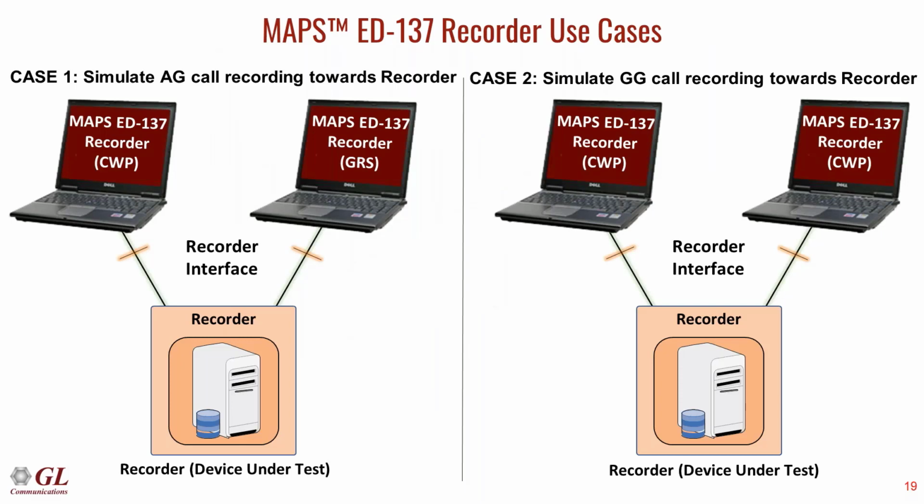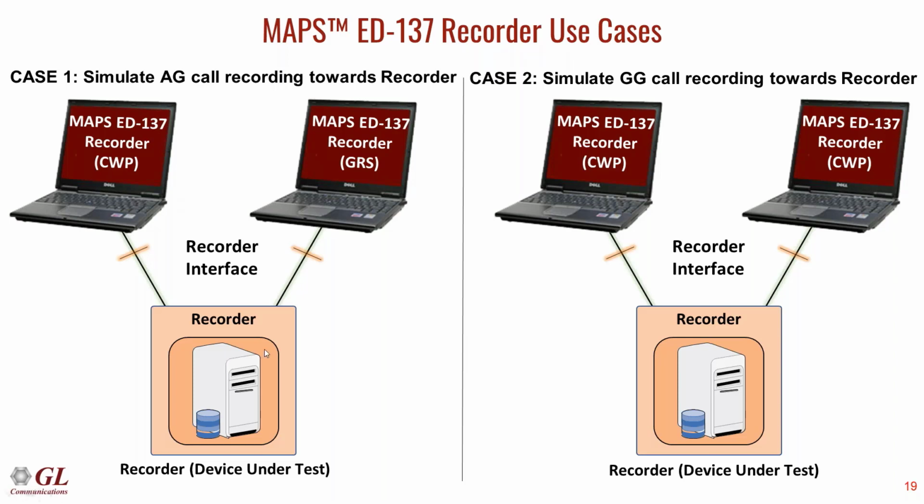In the next slide, we'll talk about the use cases. For example, in these two use cases, we are trying to test a recorder. The recorder is the device under test. Using this MAPST ED138 recorder, we can emulate either the CWP node or the GRS node, and we can simulate the RTSP recording sessions towards the recorder.